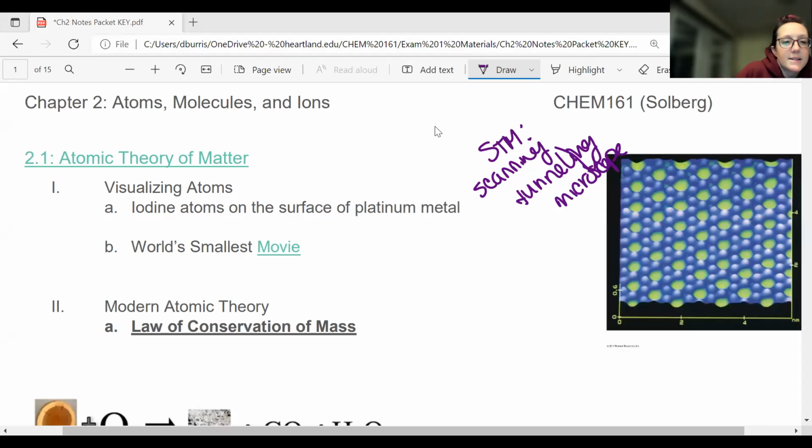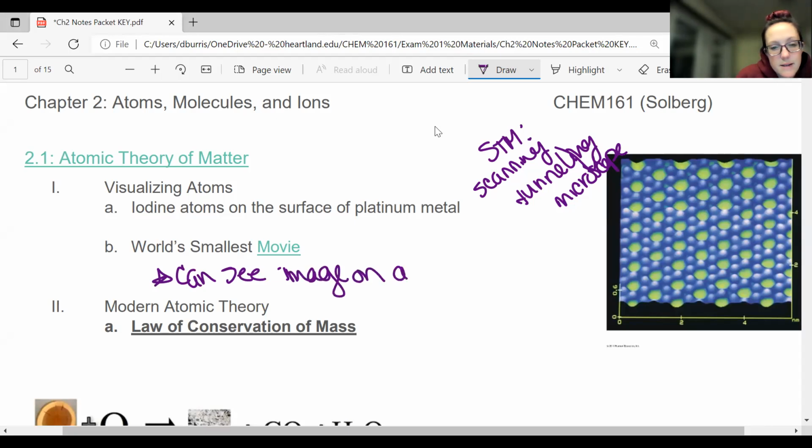So this really is getting us to now be able to see on the atomic level, which is brand new, okay? So we can see images on the atomic level. Again, insane. So I have this little movie.